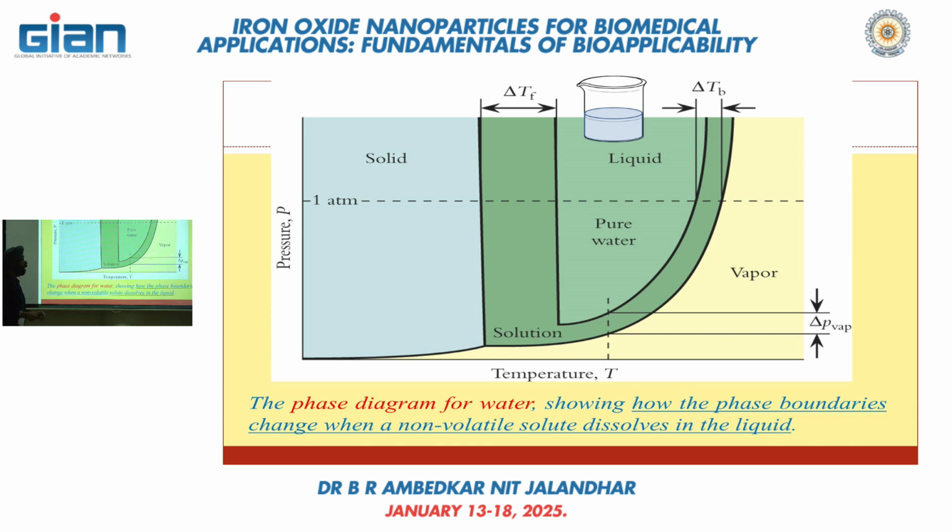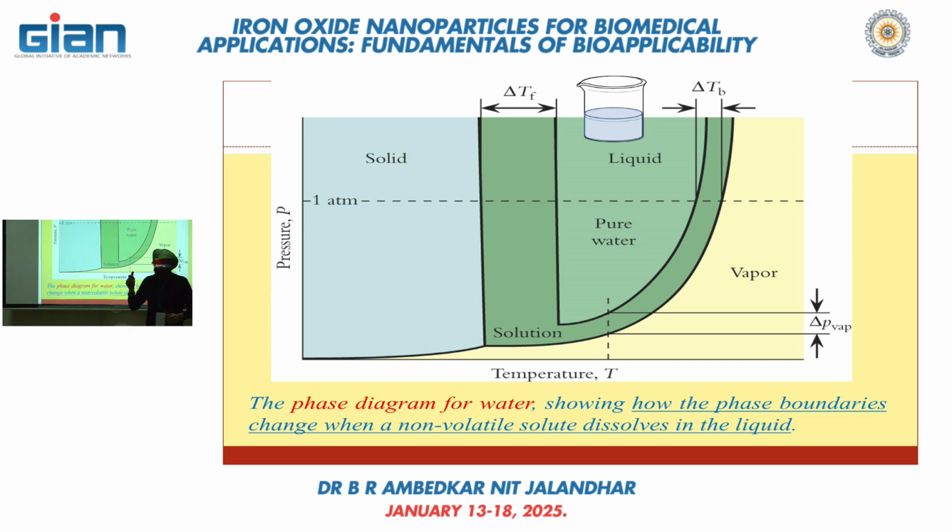So the formation of ice has shifted to a lower temperature, that is the depression in the freezing point. And if I want to boil it, it is not boiling at 100 degrees centigrade, as I mentioned earlier at this point. Now it is going to boil at a much higher temperature, that is the elevation in the boiling point. And likewise, this difference is the fall in the vapor pressure.